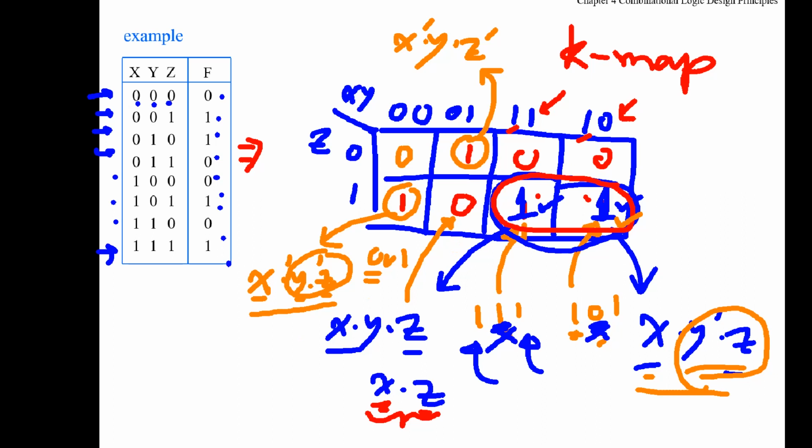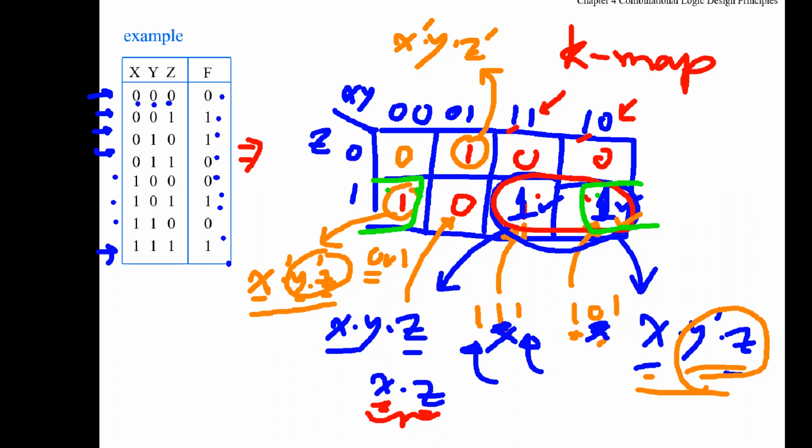Or from the K-map, actually you can group this cell and this cell together directly, because this cell and this cell are different in only one bit. Okay, you can group them together.